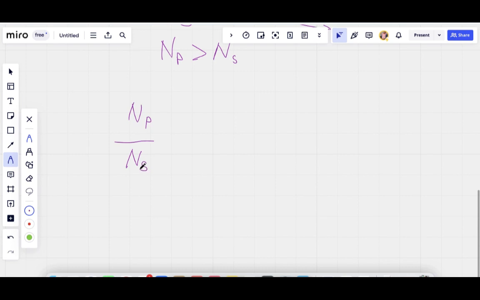If you start with VP, then you will write VS there: NP over NS equals VP over VS. What do we mean by VP, VS? VP is the voltage in the primary, VS is the voltage in the secondary. NP is the number of turns in the primary coil, and NS is the number of turns in the secondary coil. So this is the first equation for a normal practical transformer.